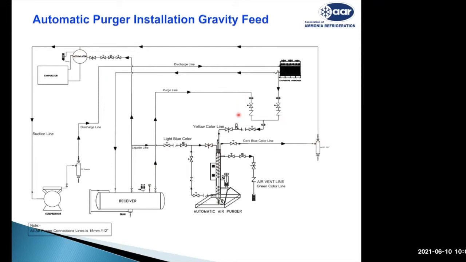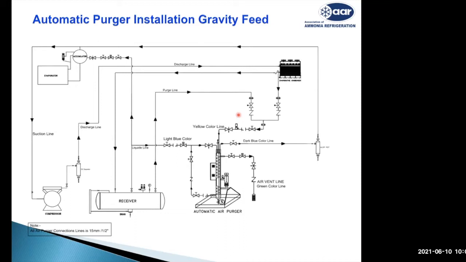Of course, purger systems can be used in a gravity feed system or in a pump circulation system. It does not make any difference. The only thing we need to take care of is proper installation, and you have to make sure you have the correct system installed and purge points are taken correctly, then your purger will work and it will save you a lot of energy.